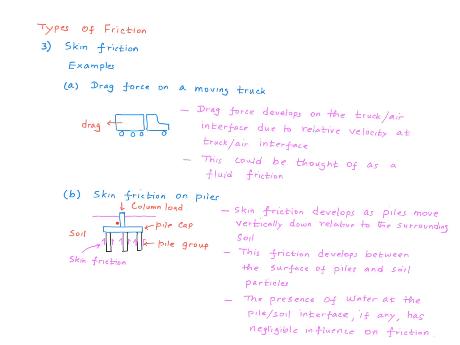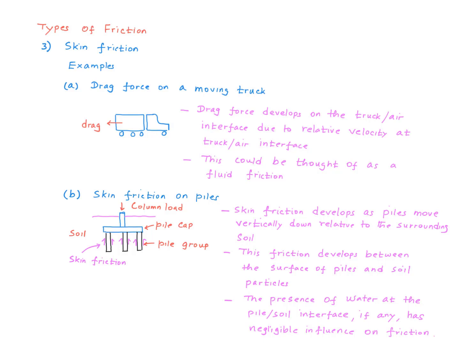In the second example, we have what is called a foundation problem that is part of civil engineering. Civil engineers design not only structures such as bridges and buildings that we see with our eye, they also have to design what are called foundations to support these structures, right? One type of foundation is called the pile foundation. So here we have a number of piles put together in what is called a pile group in order to support a column load that comes from either a building or a bridge, right?